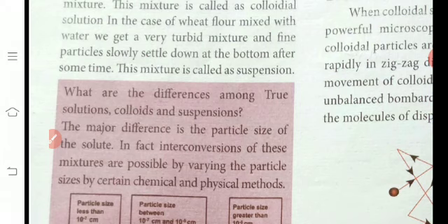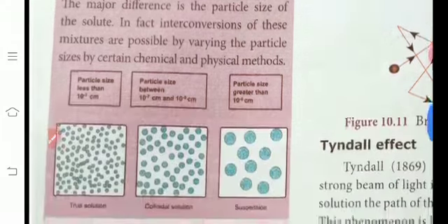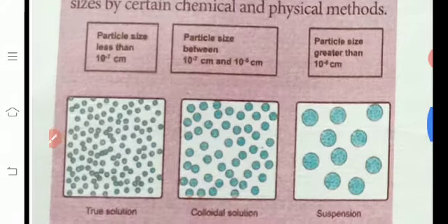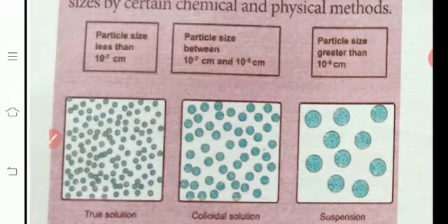In fact, interconversion of these mixtures is possible by varying the particle size through certain chemical and physical methods. Okay, listen, see this picture. Particle size less than 10 power minus 7 centimeter, that is called true solution.